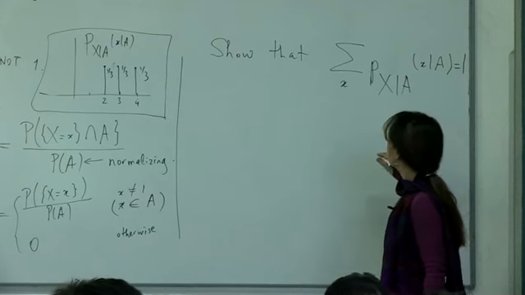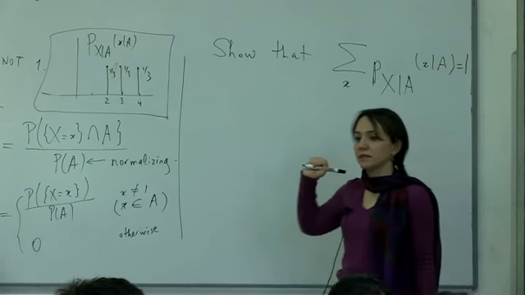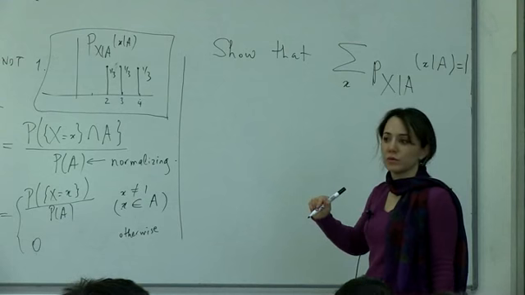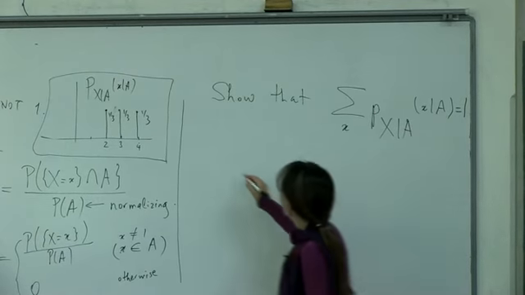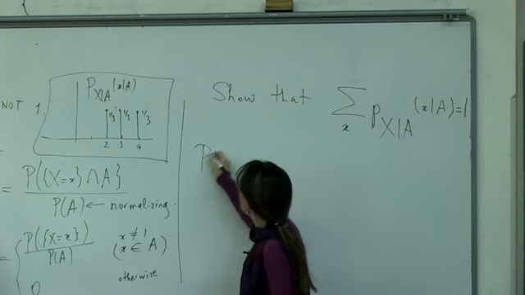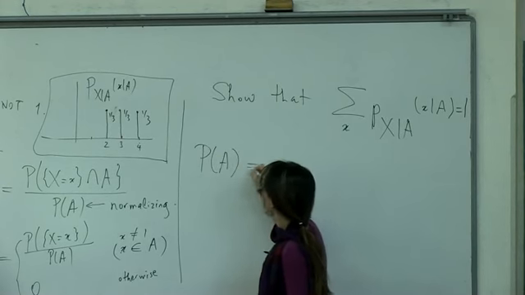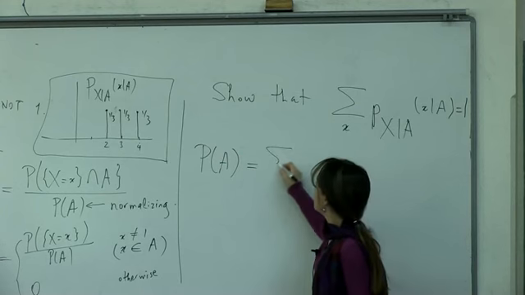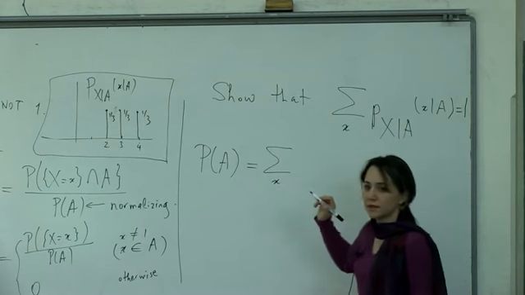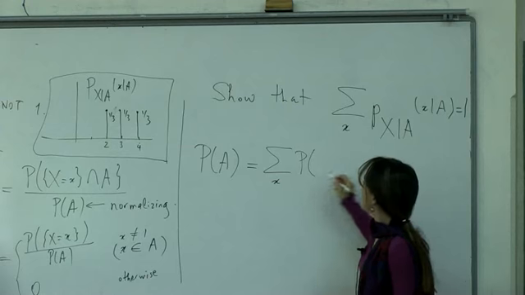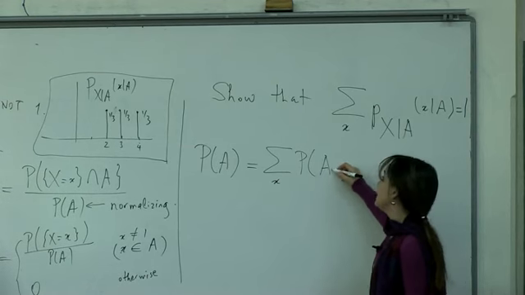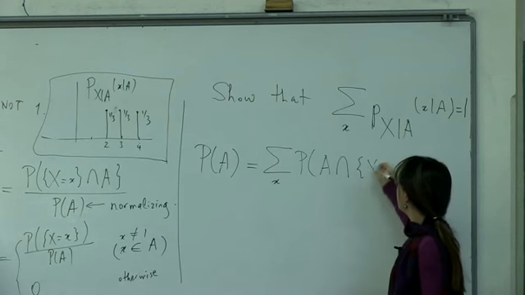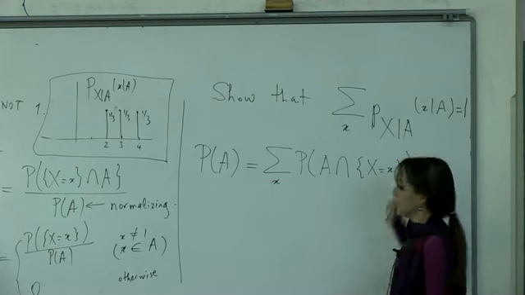Okay, how do we do this? The hint says use the total probability theorem. We can use the total probability theorem to express the probability of A as a sum over all values of x, probability of A intersection X equals x.